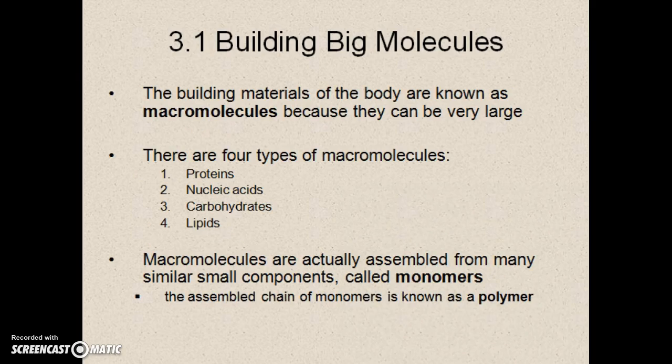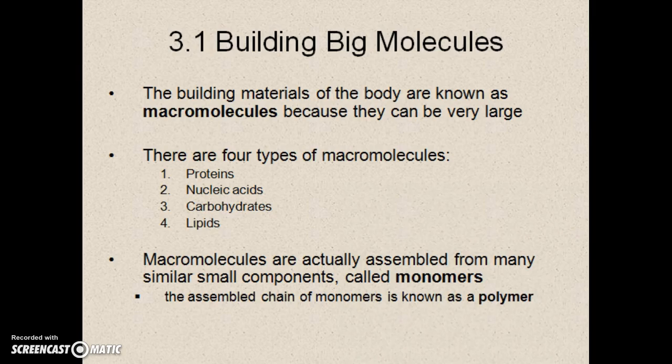Each molecule is kind of like a puzzle, and puzzles are made of many smaller pieces, just as the 4 macromolecules are that you can find in us. So the 4 main ones are proteins, like protein that makes up our hair and our nails, and even proteins that act as enzymes in chemical reactions.